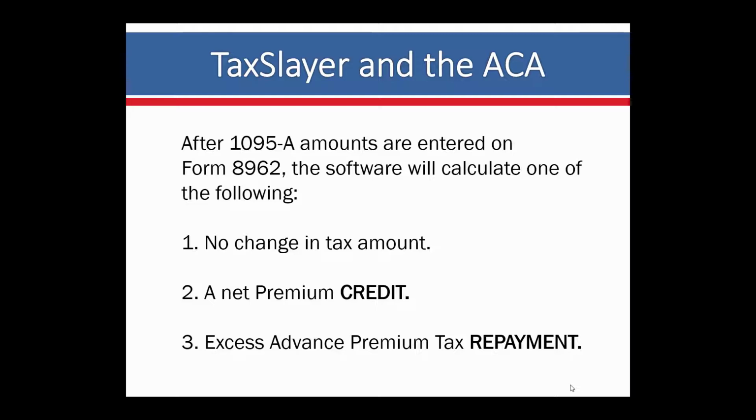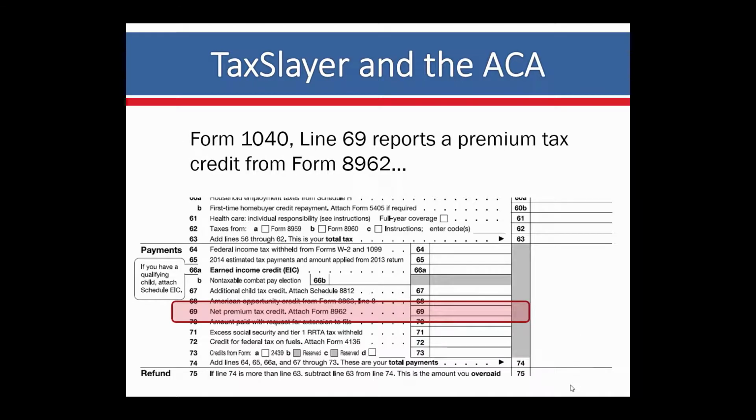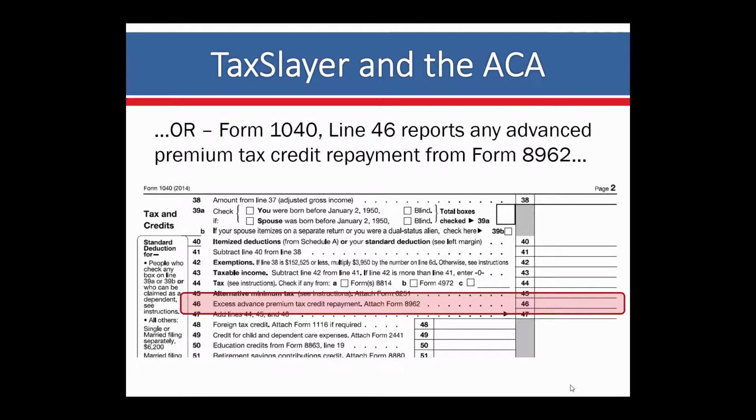There will either be no change in the tax amount, there'll be a net premium credit, or excess advance premium tax repayment. Form 1040, line 69, reports a premium tax credit from Form 8962. Or Form 1040, line 46, reports any advanced premium tax credit repayment from Form 8962.